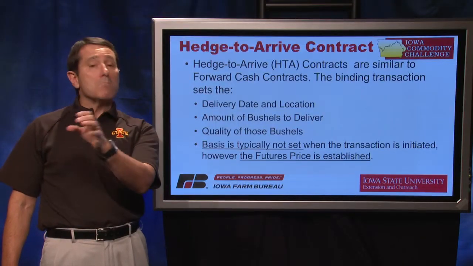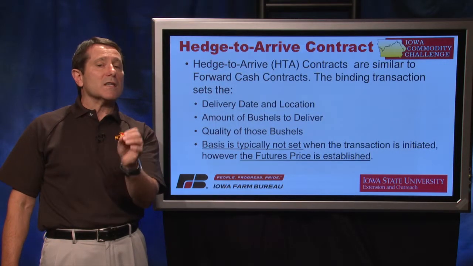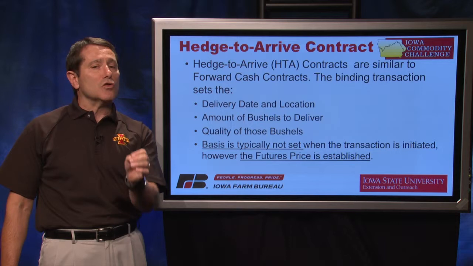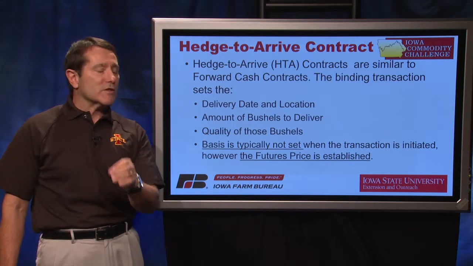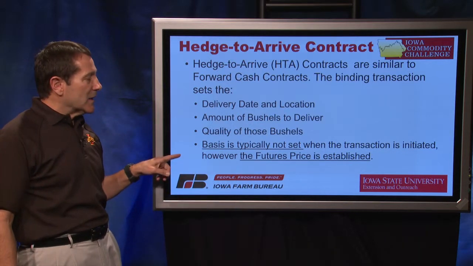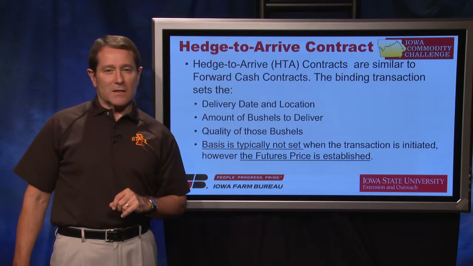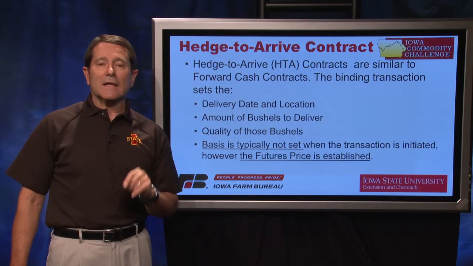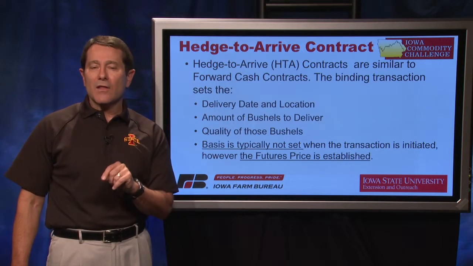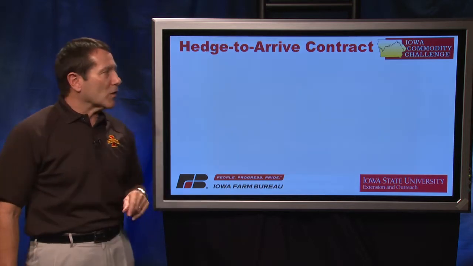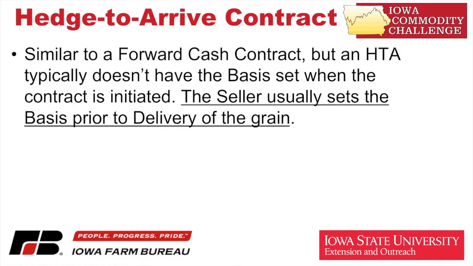So in May, when a farmer does an HTA to the local co-op for harvest delivery, typically the futures price is established, but likely not the basis. Therefore, when we look at a hedge to arrive contract, the seller of the grain usually sets the basis prior to the actual delivery of the grain.